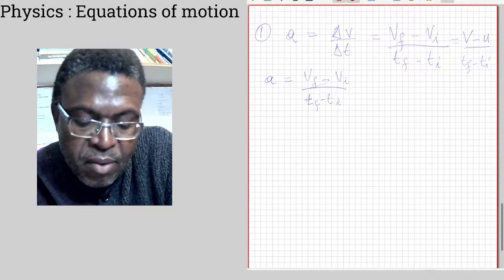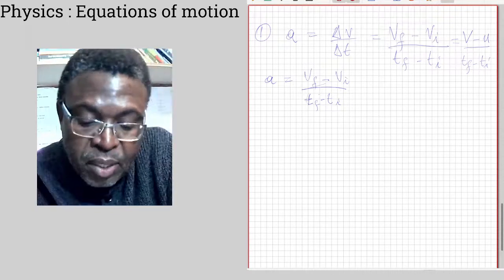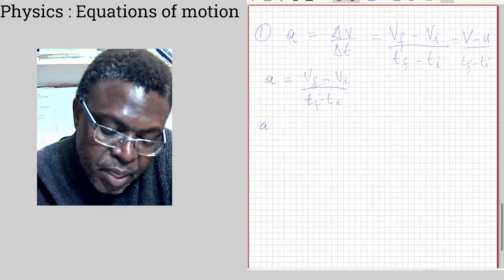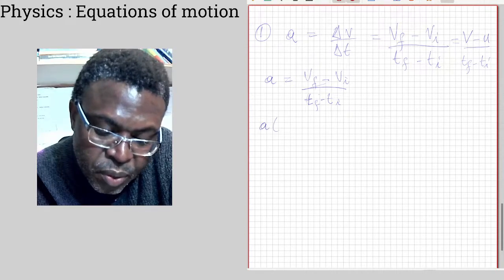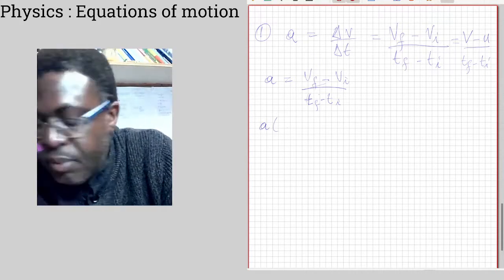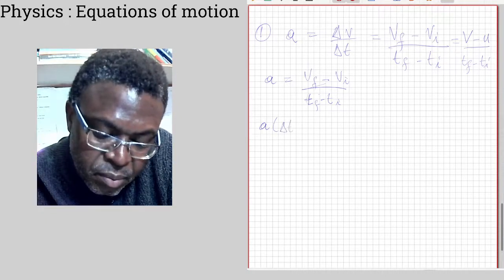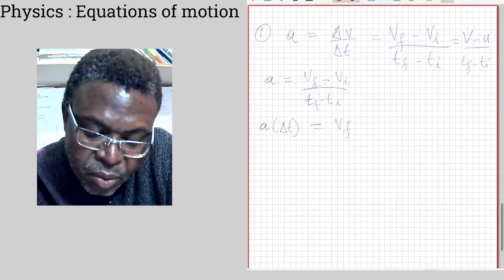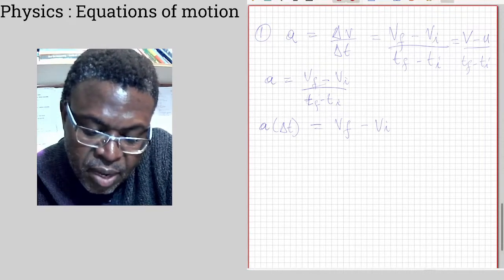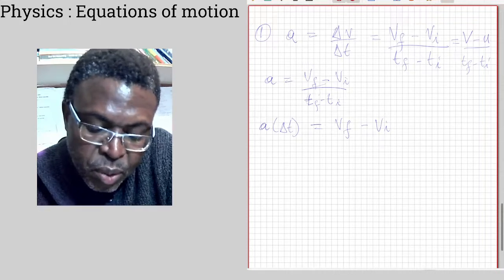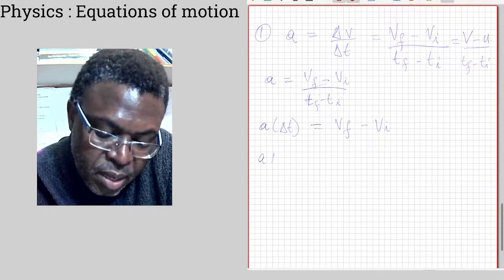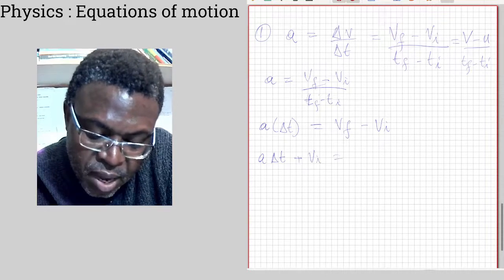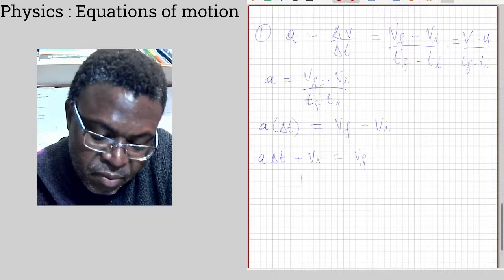We want to make velocity the subject of the formula. Simple algebra: A times change in T is equal to Vf minus Vi. And we transpose Vi. We have A change in T plus Vi equals Vf.